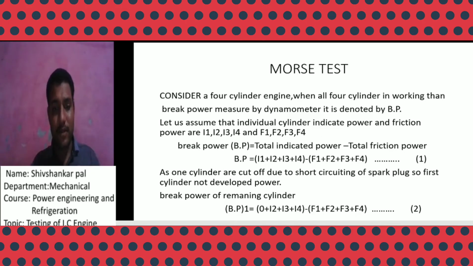So brake power is equal to I1 plus I2 plus I3 plus I4 minus F1 plus F2 plus F3 plus F4.